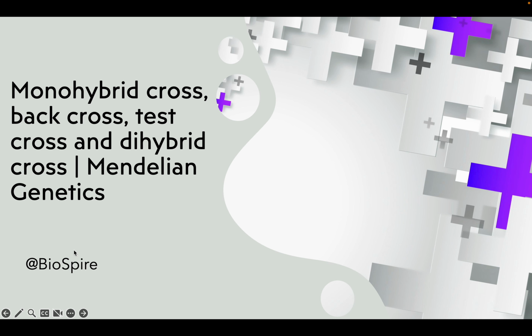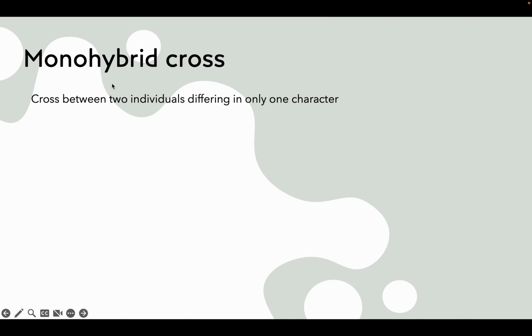First, we will talk about the monohybrid cross. A monohybrid cross is a cross between two individuals that differ only in one character. Suppose we are talking about a male and female in which all the gene characters are the same, and we are talking about only one character, like height, or flower color.